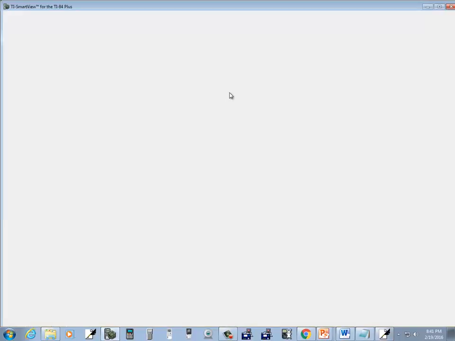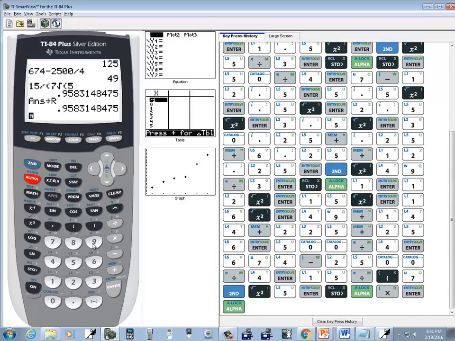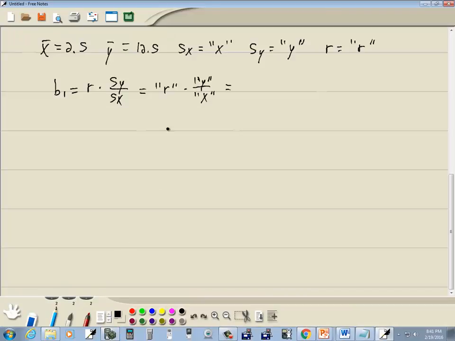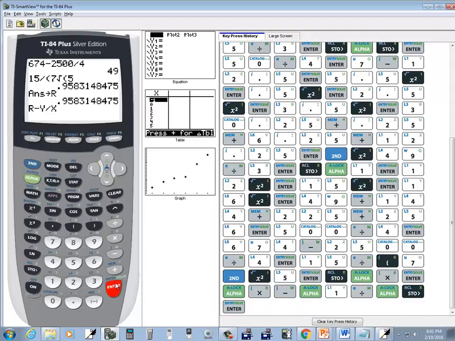So let's go to our calculator, and I'm going to do alpha R, minus, and then Y over X. So I'll do alpha Y divided by alpha X and press enter.